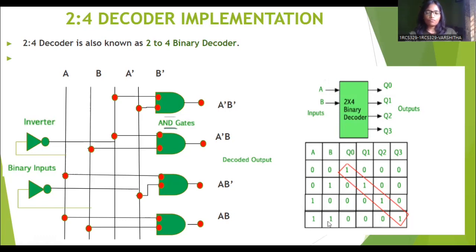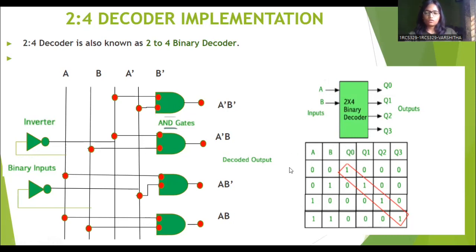Here for the fourth input signal, 1 and 1, Q0 would be 0, Q1 would be 0, Q2 would be 0, and Q3 would be 1.